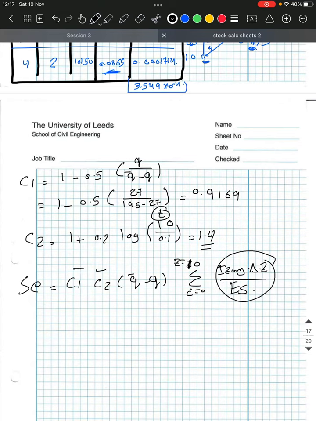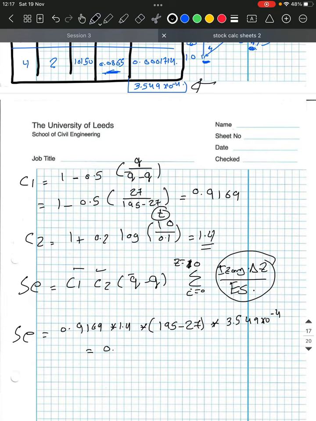So SE now equals 0.9169 multiplied by 1.4 multiplied by Q bar 195 minus 27, multiplied by my sum that I calculated, 3.549 times 10 to the power minus 4.